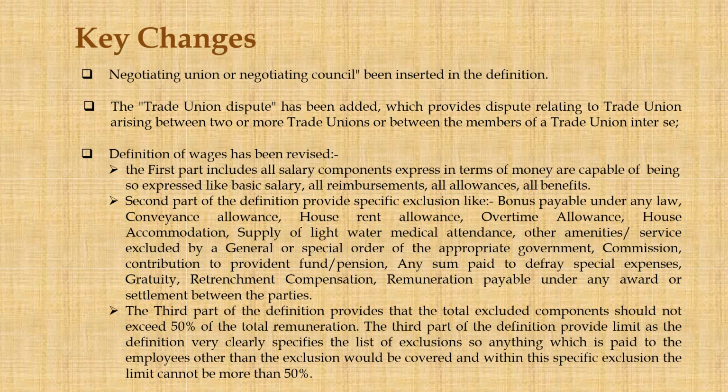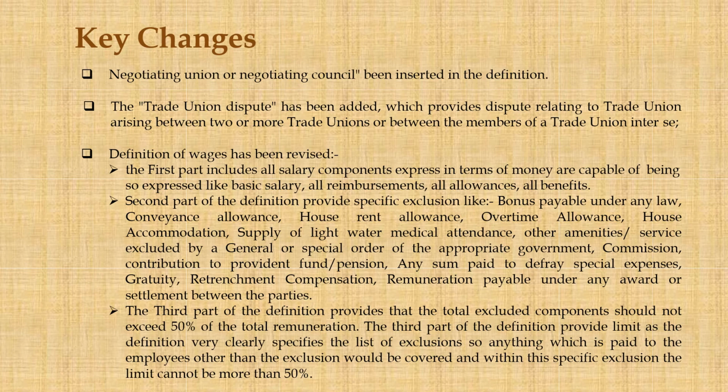Now, the third part of this definition provides that the total excluded component should not exceed 50% of total remuneration. Means if the exclusion is more than 50%, it is not considerable.